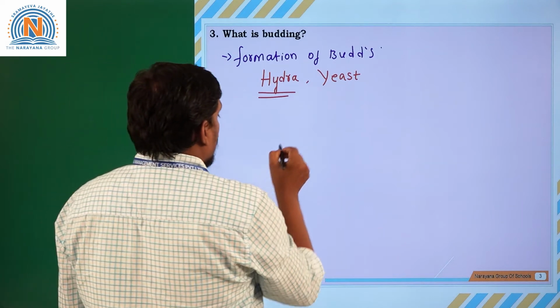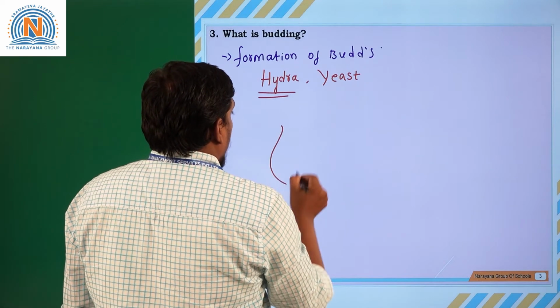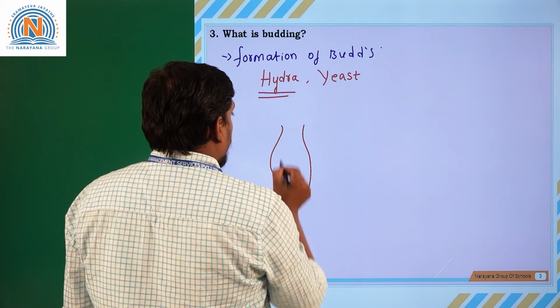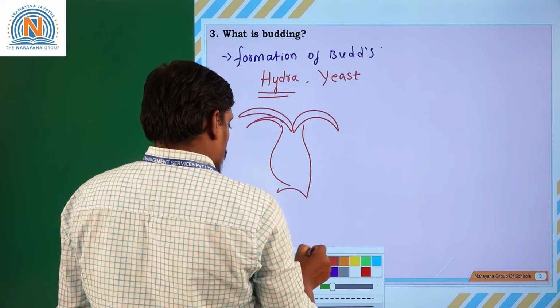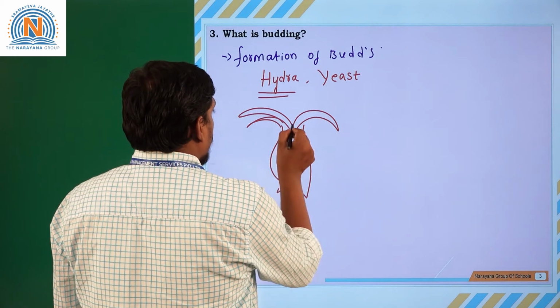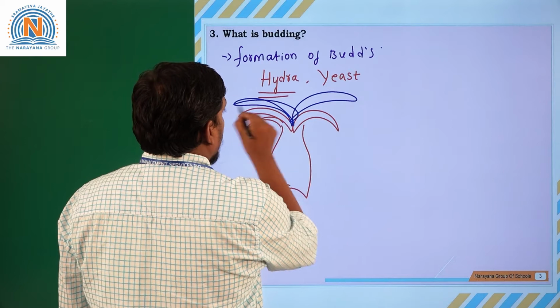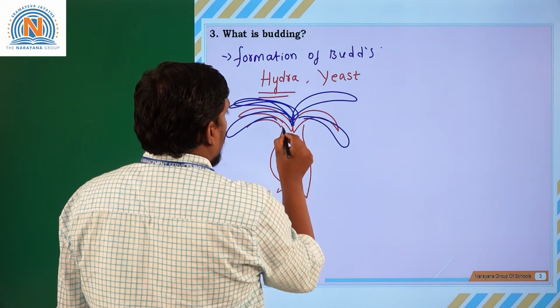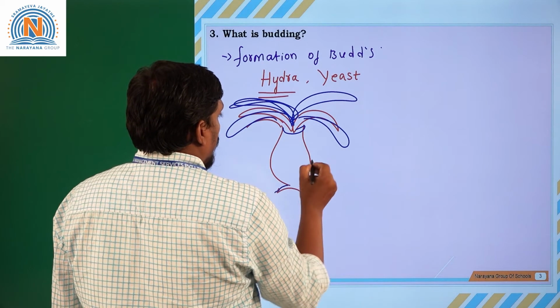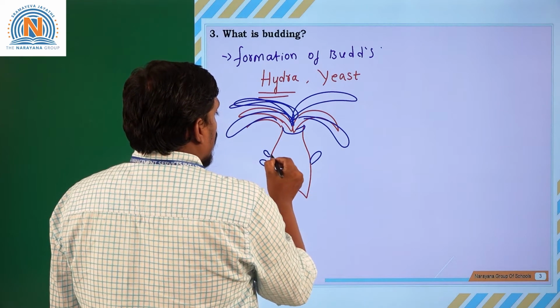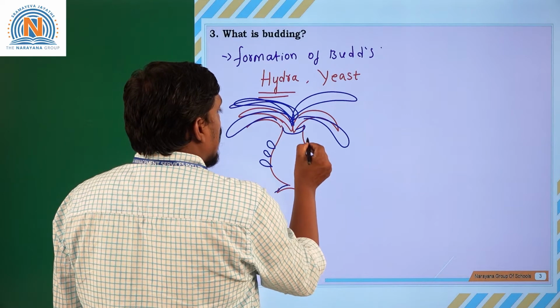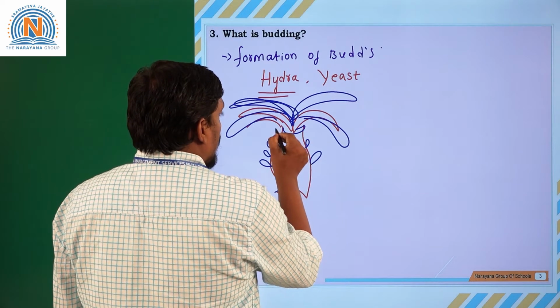In the budding process, suppose we take a hydra. How does it look? The hydra generally looks like this. It has tentacles on the surface of its body. These are called tentacles. Upon its body, slowly a small bubble-like mass appears.